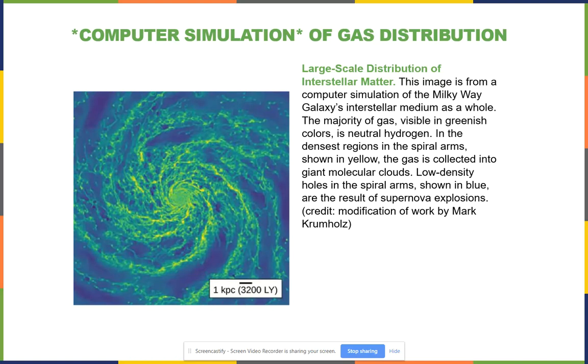And it has a color differentiation, so the green stuff is neutral hydrogen, and the yellow stuff is molecular clouds. Let me talk about molecular clouds. Molecular clouds are where it's cold enough and it's thick enough that you don't have ultraviolet light that can even pass through. So inside the thick cloud where the ultraviolet light can't pass through, it gets really cold, and you start forming bigger molecules.